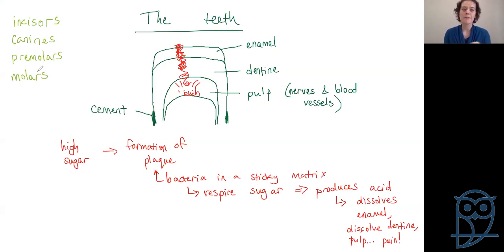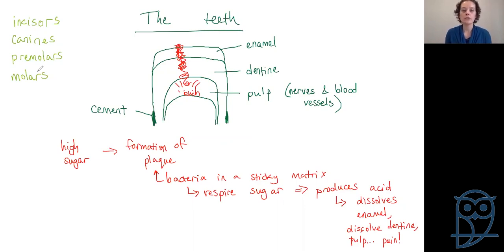And creating nasty pain. Okay, so one thing I do want to touch on here is that in some other syllabi and some other courses, you might have come across a need to learn tooth formulas. So there's this many incisors, this many canines, premolars, and molars. At IG Biology, you don't go into that level of detail. If you come across it in a question, then they will give you the information that you would need for a dental formula.